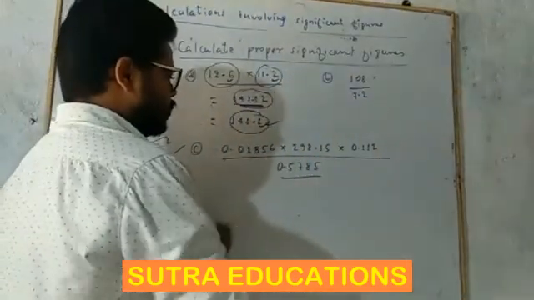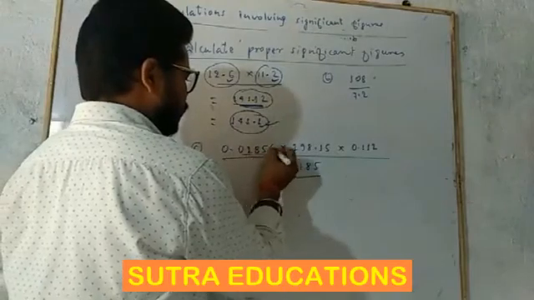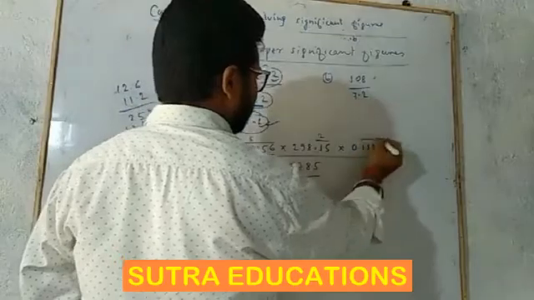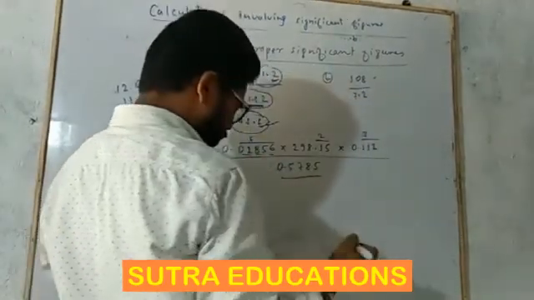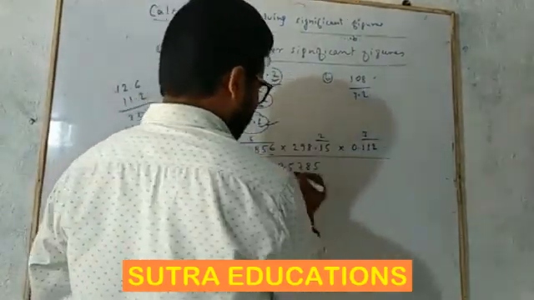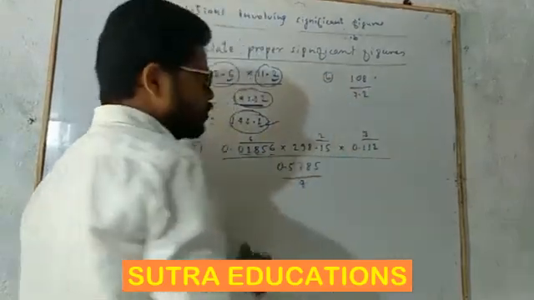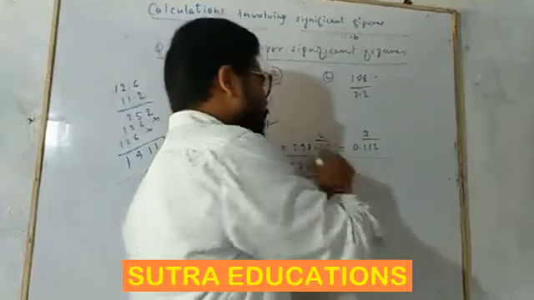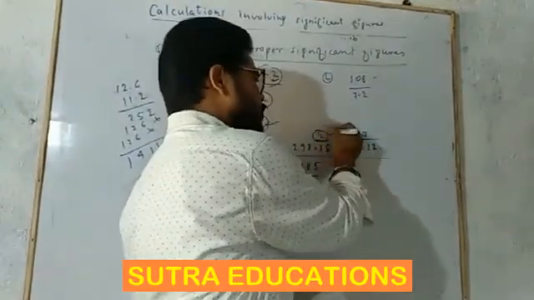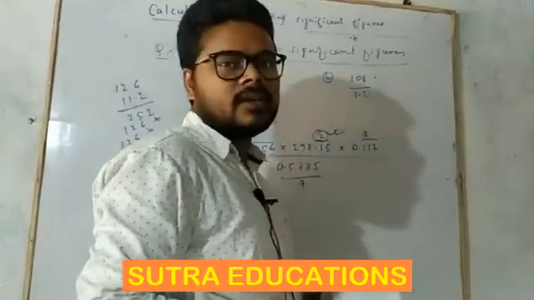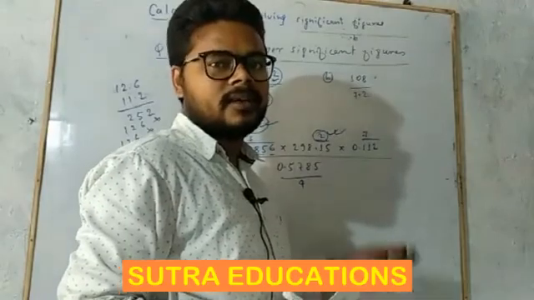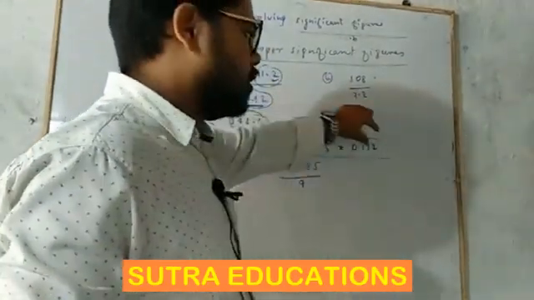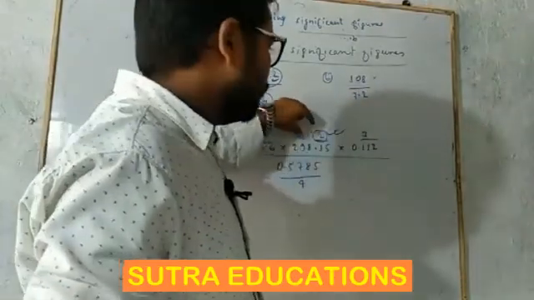Here after the decimal 4 or 5 digits are coming, here only 2 digits are coming, and here 3 digits are coming, and here again 4 digits. So whatever your answer will be, after the decimal only 2 digits will be present. So simplify this and write the answer with only two digits after the decimal.